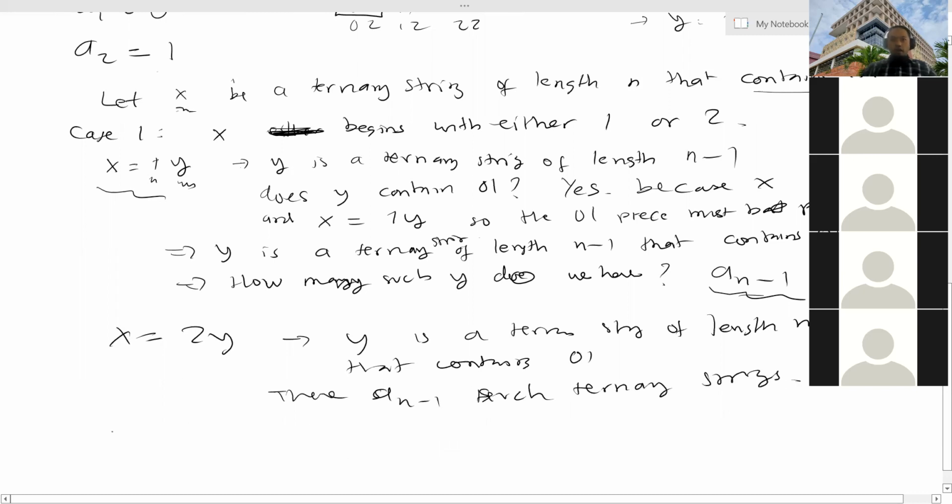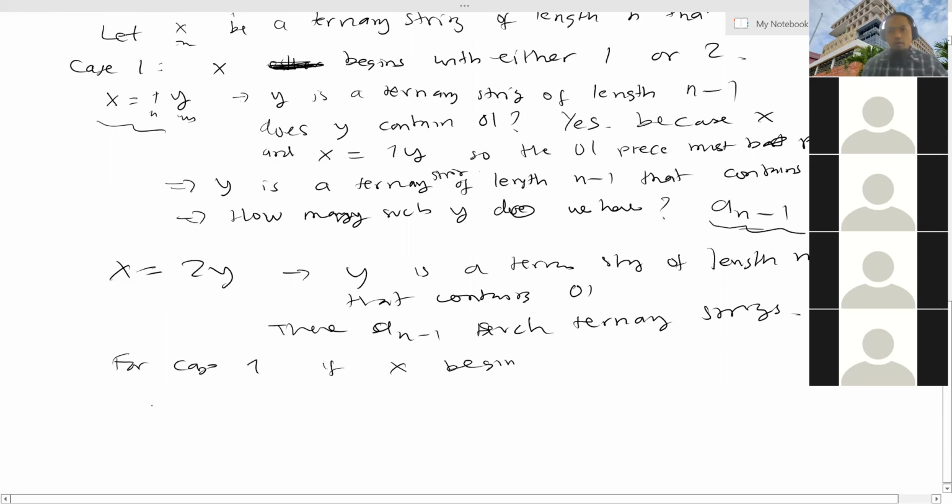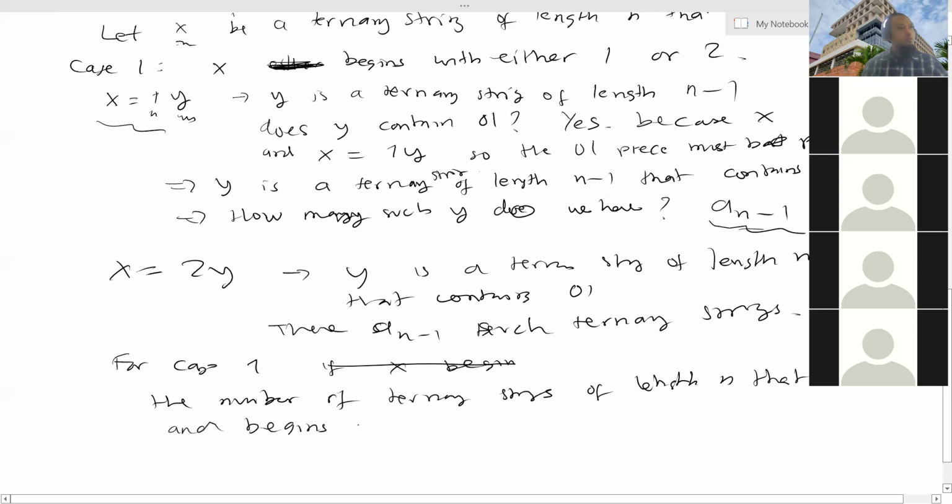So for case 1, the number of ternary strings of length n that contain 01 and begin with 1 or 2 is A(n-1) plus A(n-1), which is of course 2A(n-1), right? Now that's one case.